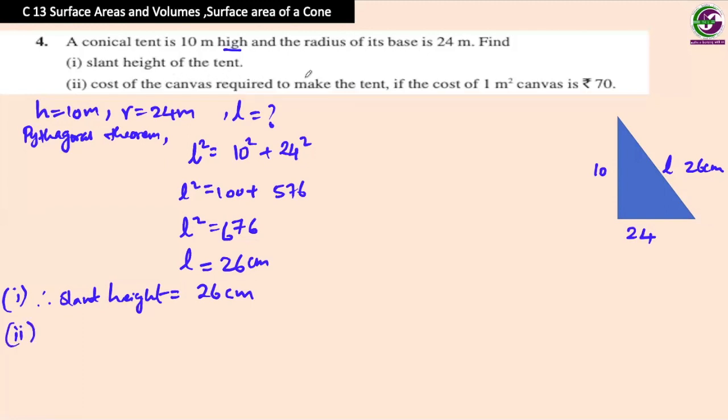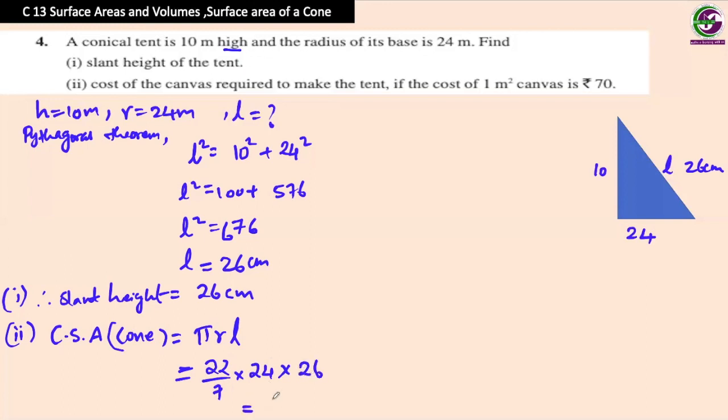Part 2. Cost of the canvas required to make the tent if the cost of 1 meter square of canvas is 70. We need only the curved surface area because canvas will not be on the base of the cone. So curved surface area of the cone is pi RL, 22 by 7 multiplied by 24 times 26, 13,728 divided by 7 meter square.